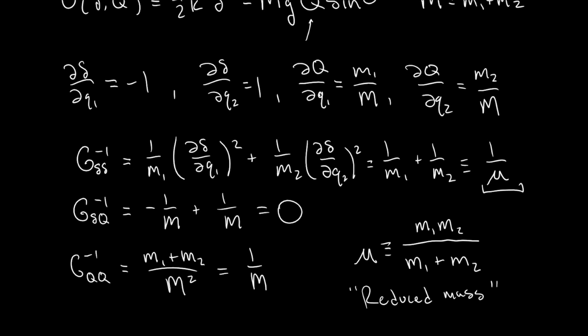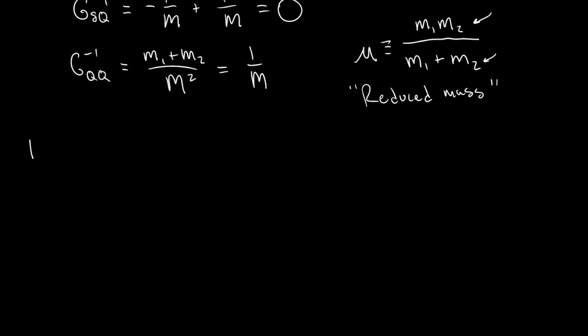The reason it's called the reduced mass is, if I let m2 get very, very large, you see in the denominator m2 dominates over m1, and so the m2s pretty much completely cancel out, and mu ends up being equal to m1, which is the smaller of the two masses. So mu is known as the reduced mass. I'll refer to it as such from here on out.